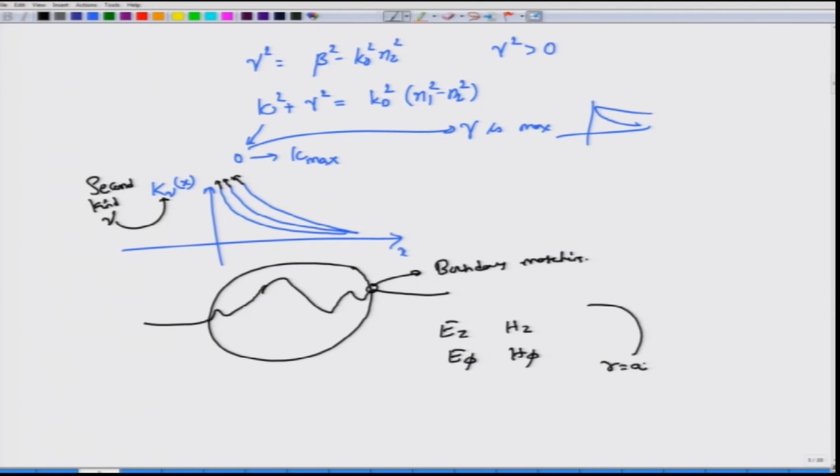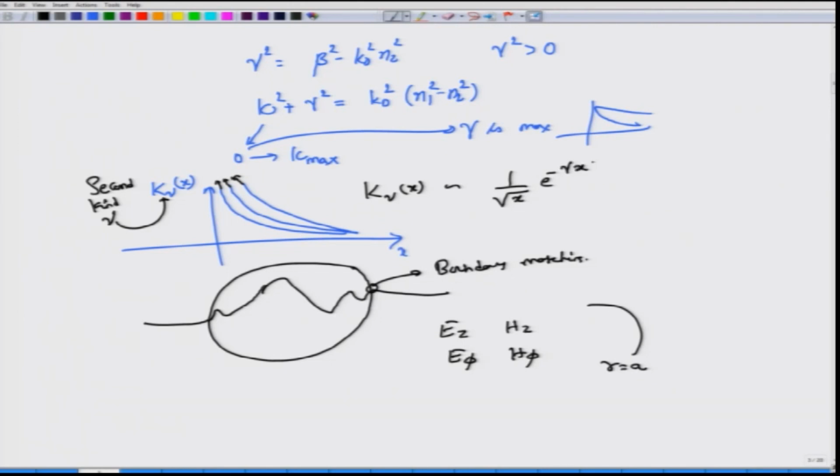So, these solutions K nu of x also have an asymptotic form, that is, for large values of x they go something like 1 by square root of x. Therefore, at x equal to 0, clearly this goes off to infinity, and then they decay with some constant gamma times x.